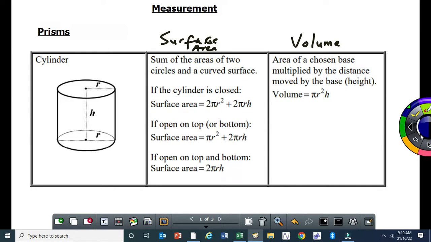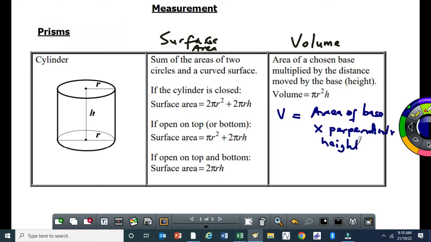The general formula for calculating the volume is equal to area of base times perpendicular height. Right? That's how you generally calculate the volume of a prism.